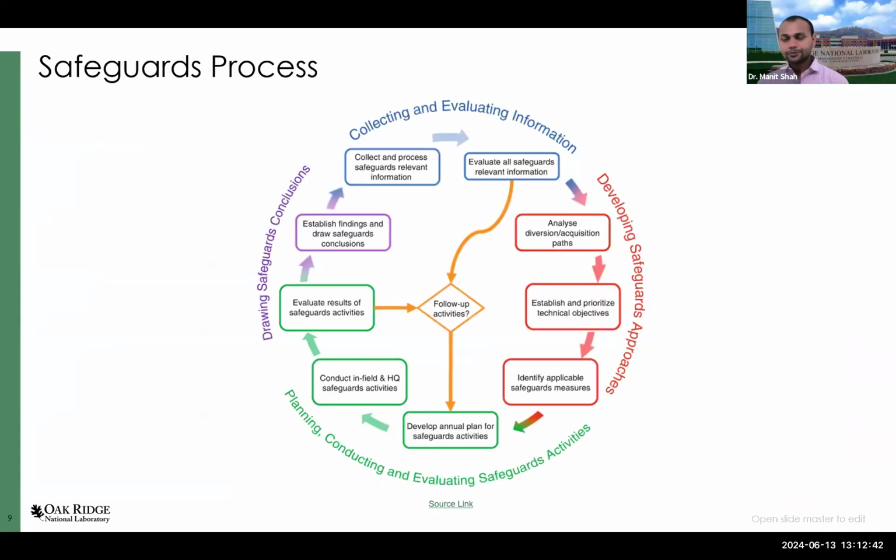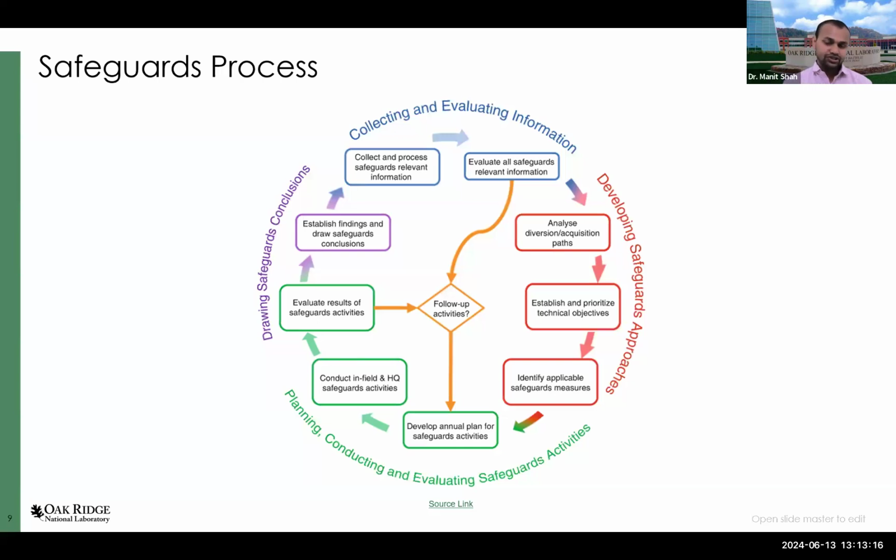Now to talk about the safeguard process in general, how the IAEA goes about applying safeguards and reviewing information. They collect whatever sources of information are available and whatever is provided, and evaluate whether all the information is available or not. Based on that cycle, they identify whether any additional measures or changes in approach are required.